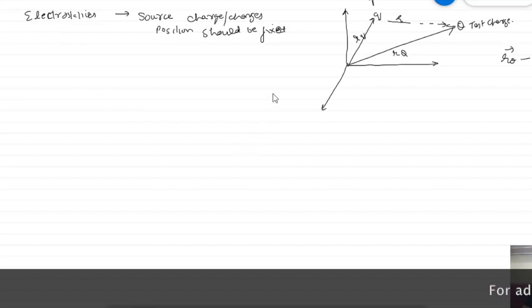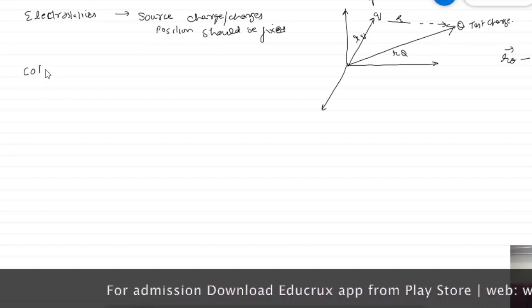Okay, so this is my restriction, and what we will now study is the formula that will give us the interaction between the test charge and the source charge. So we will first study Coulomb's law.